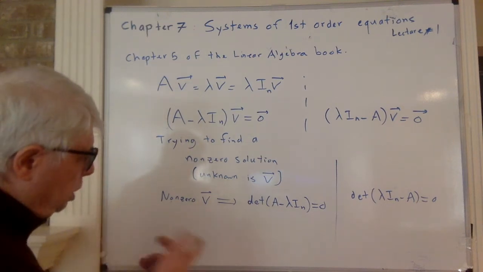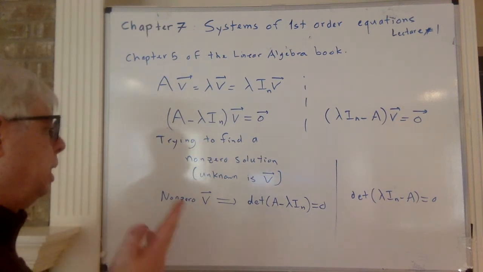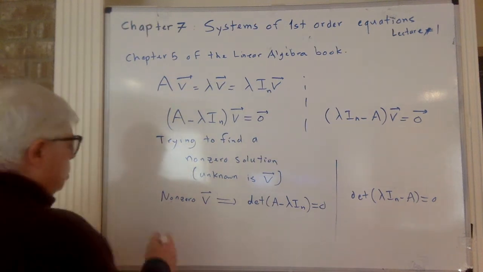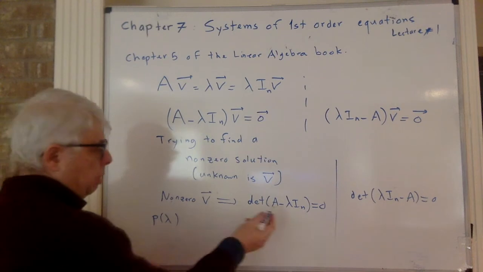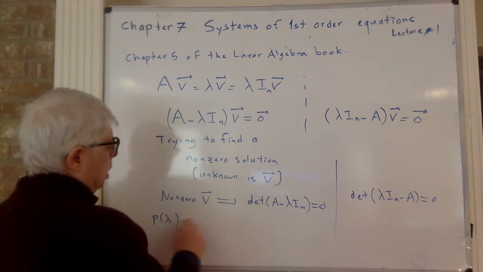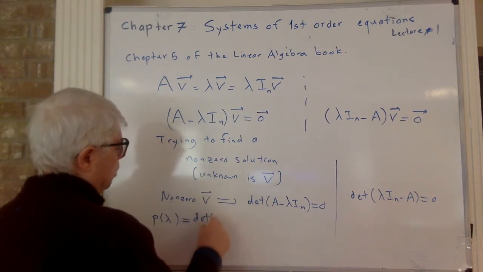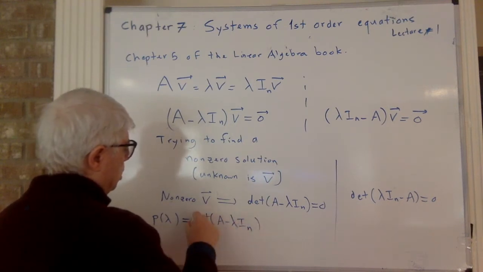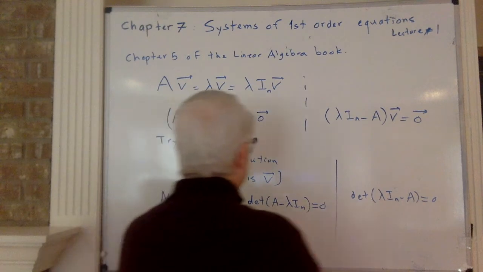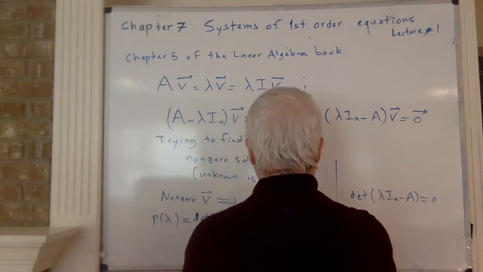Okay, so this is what? This is an equation in lambda. In fact, it is a polynomial in lambda, the determinant of A minus lambda In.